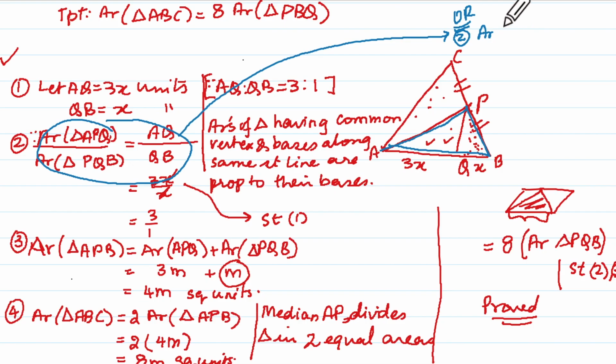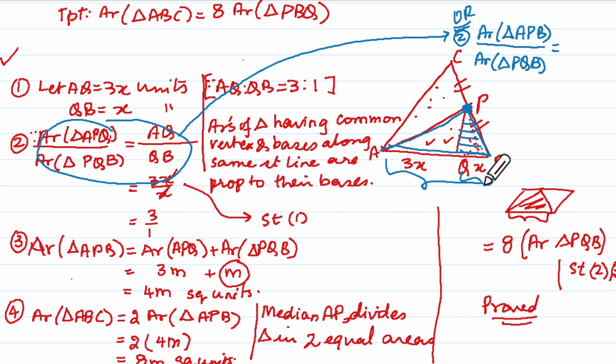Okay, area triangle APB upon, they want PBQ, so I'll say area triangle PQB will be equal to, now see, APB and this one, both of them have the common vertex P. Yes, ma'am. So their bases will be AB upon QB. Did you understand? Here I took AQ upon QB, but I can do directly like this. Did you understand what I did?